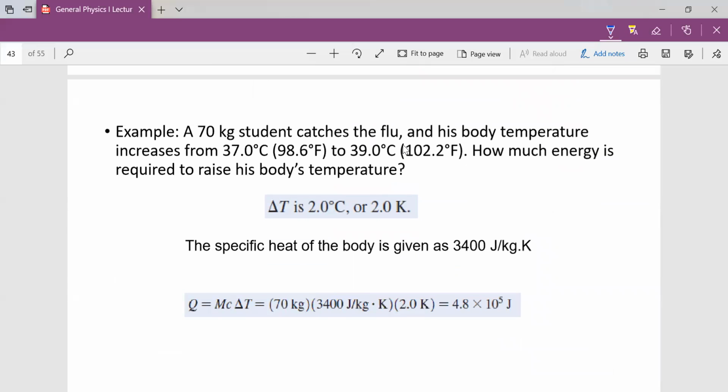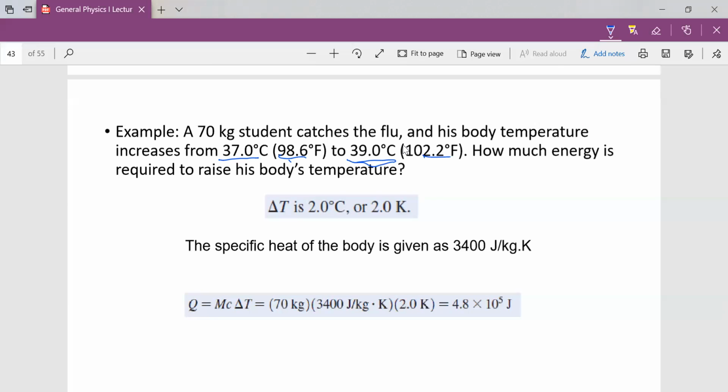A student catches the flu and his body temperature increases from 37, which is the normal body temperature, to 39 degrees Celsius. Because the student, who weighs 70 kg, catches the flu, the body temperature changes.